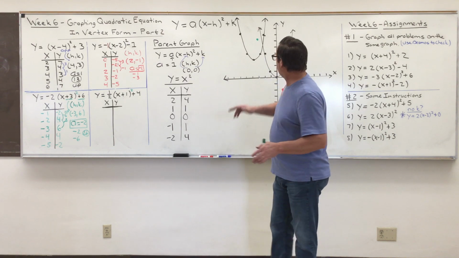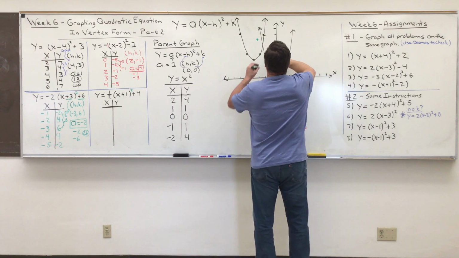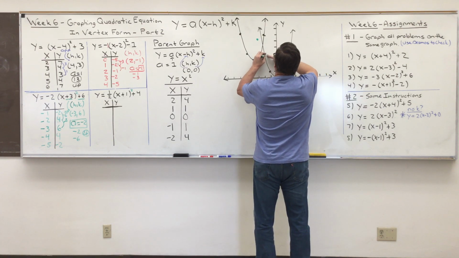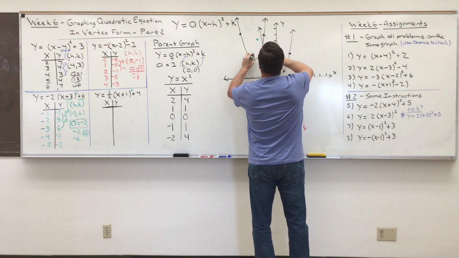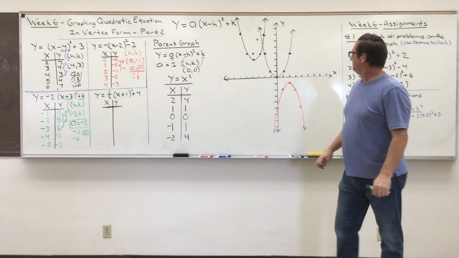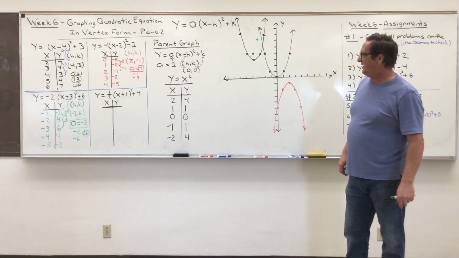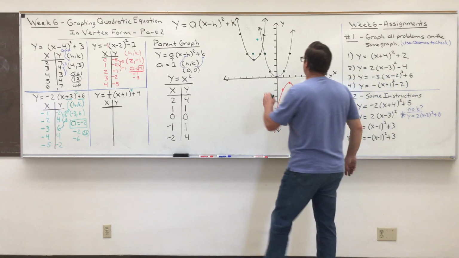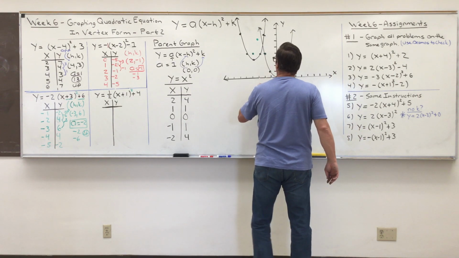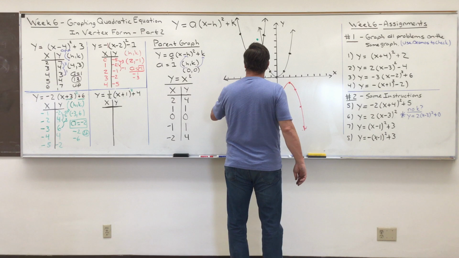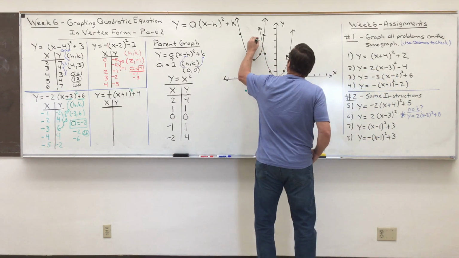And so I got (-3, 6), and I have (2, 4), and then I have (-1, -2) and (-5, -2). So we see our 5 points in green.